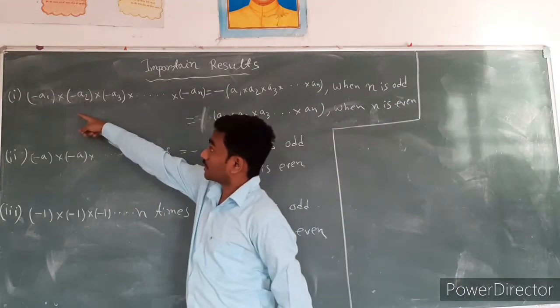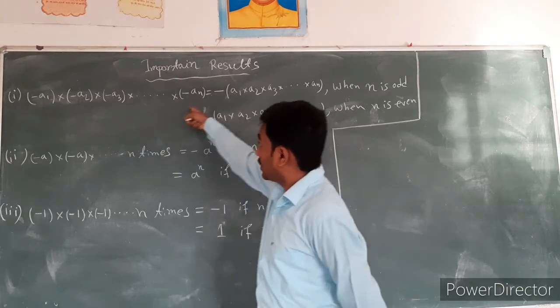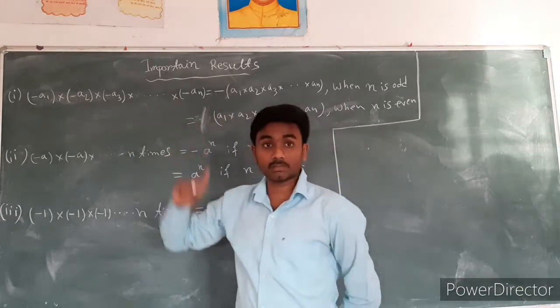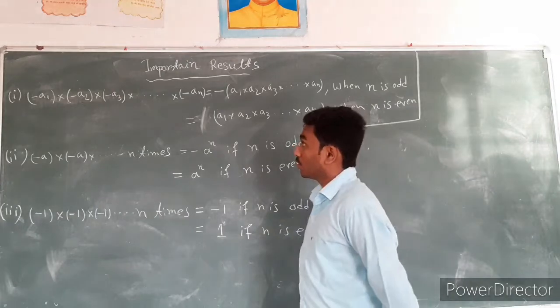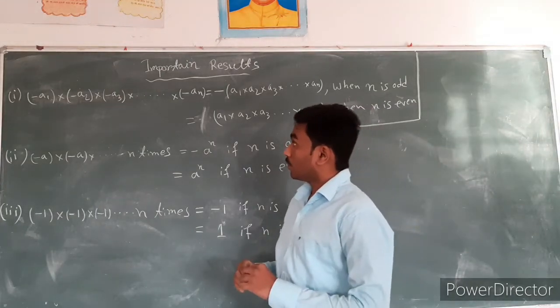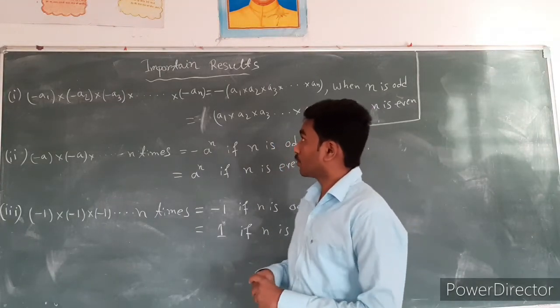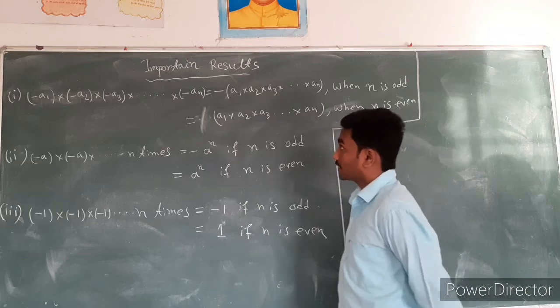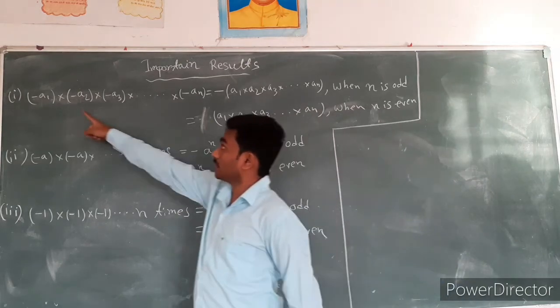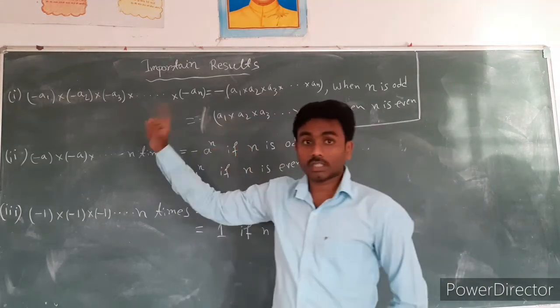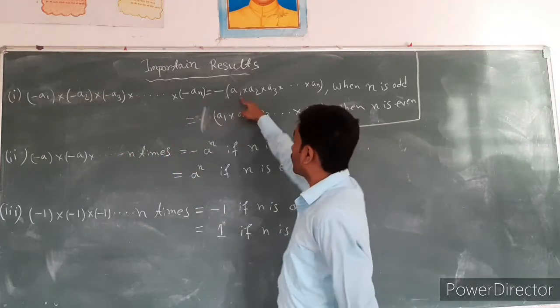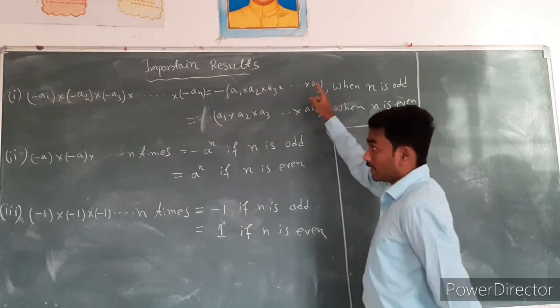So, first result, all the integers are negative integers. By the rules of product of integers, first we multiply all the values excluding the sign, that is a1, a2, a3, a4.